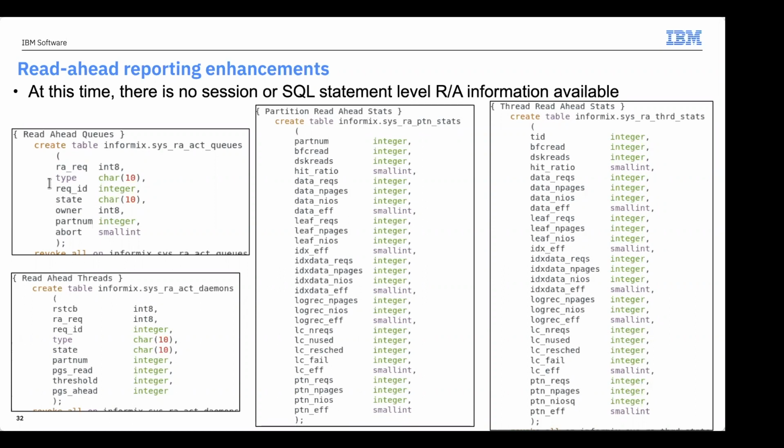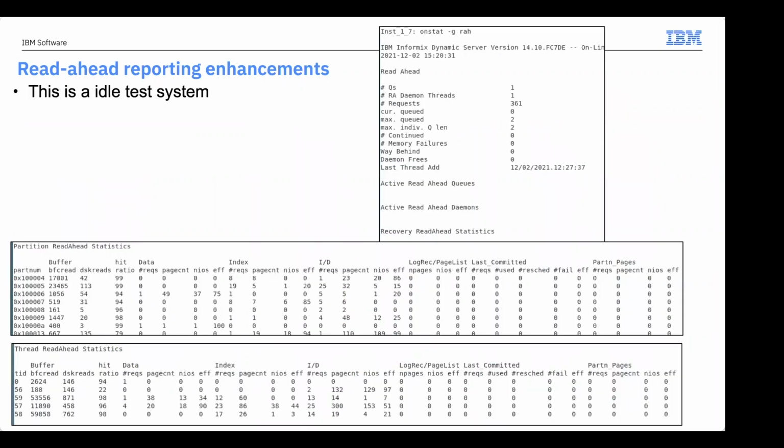There's almost no data in it. So when I ran the general Onstat -g read ahead command, there wasn't a lot of information in it, but this now gives you a much broader, much more comprehensive view at a high level of what is occurring with read ahead.